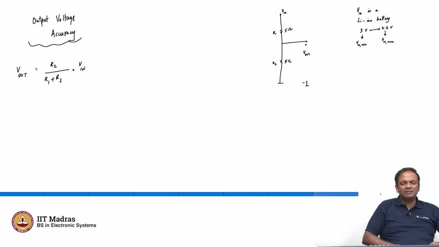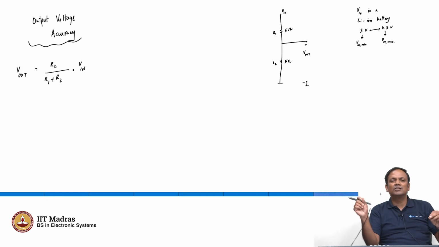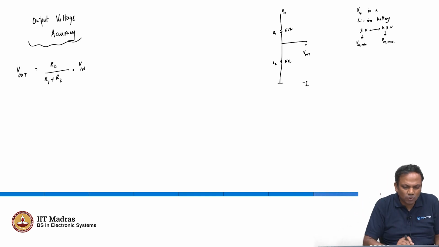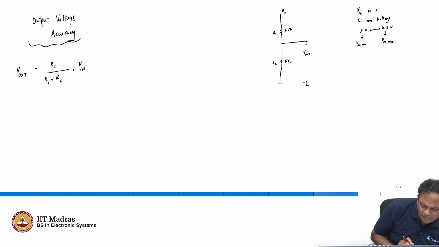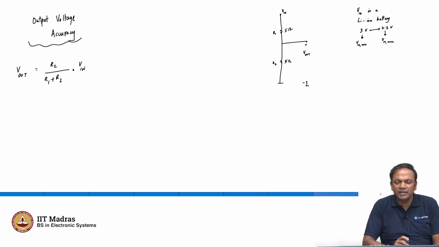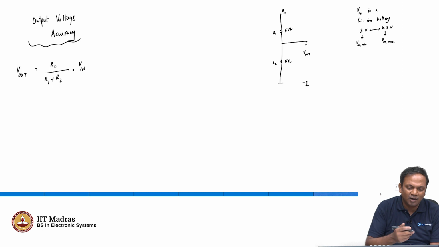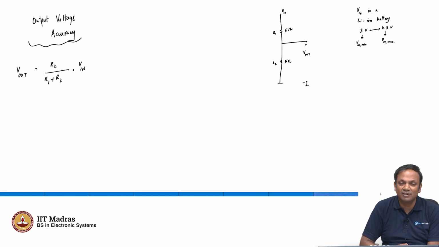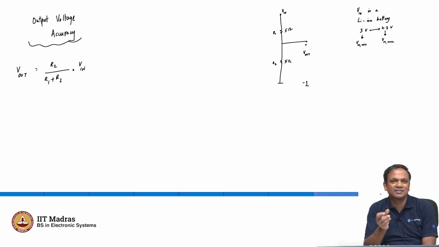Any variation means that over time, or on a unit to unit basis, the supply being offered to that subsystem will change, which means that I do not get the same performance from unit to unit. So, what we will do now is attempt to calculate how this accuracy will look as a function of the accuracy in the resistance values.